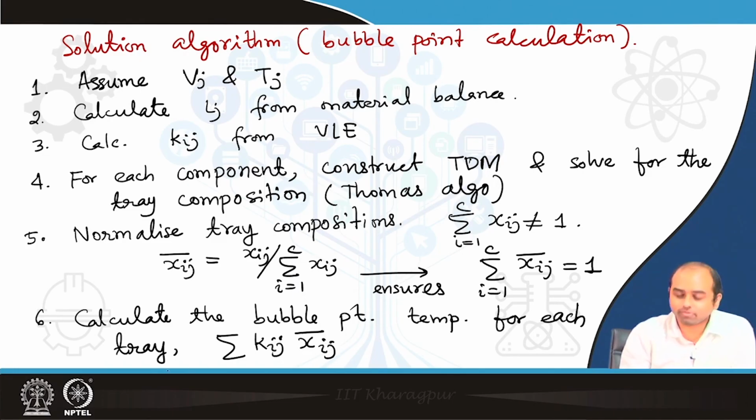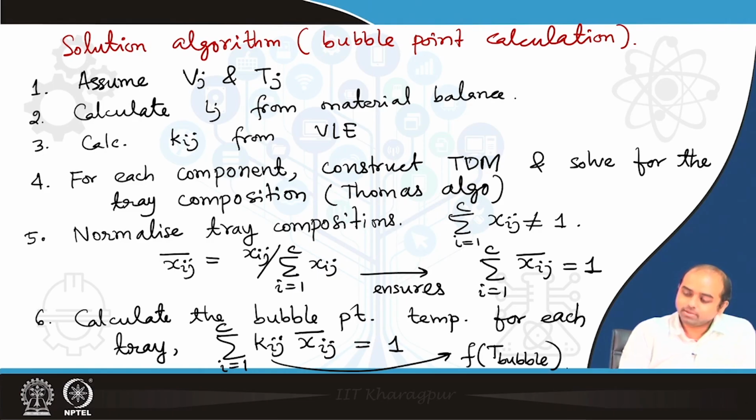This is nothing but the summation of Yij, where the calculation of Y relates to the normalized composition. This is equal to 1. So from here you already know this normalized tray composition. Kij is a function of temperature, so this is a function of the bubble point temperature. From there you can work out your bubble point temperature.